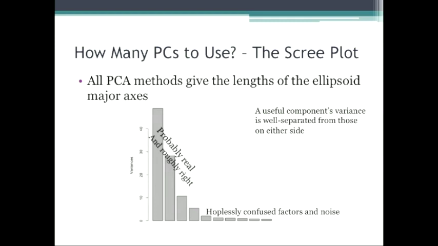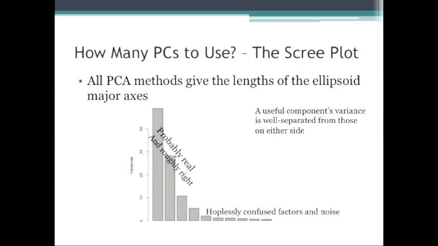These axes may reflect real things, but you can't possibly disentangle them. They are all mixed up with the noise. So the ones you can probably disentangle are the ones that really stand out from everything else. And those are the ones you should focus on.